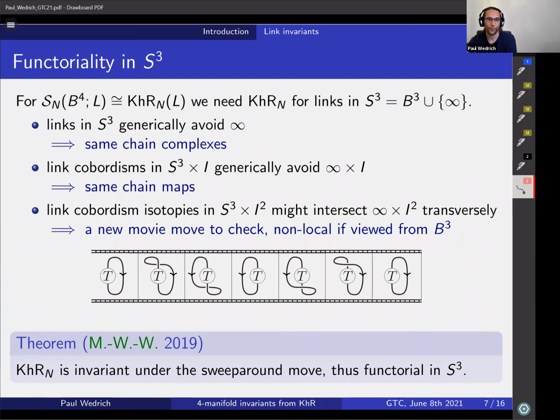One other way of viewing this is to try the following. Suppose you already know what it means to compute Khovanov homology in an abstract 3-ball. And now say we want to do this in the 3-sphere, then I have to choose a base point to take out of the 3-sphere. And then I know how to compute the Khovanov homology.